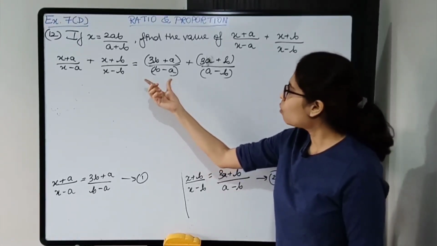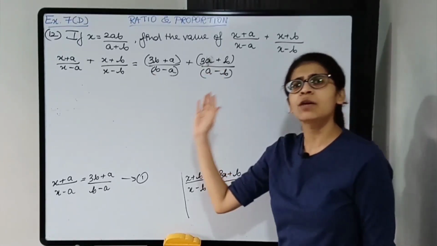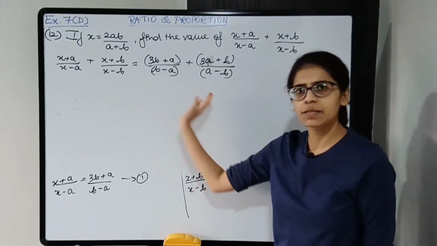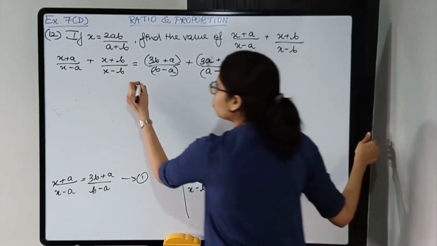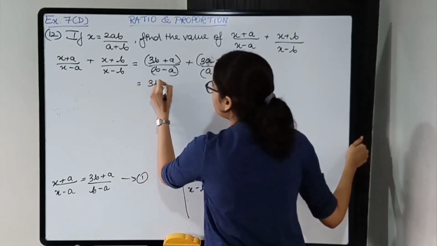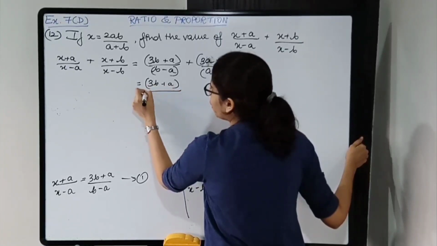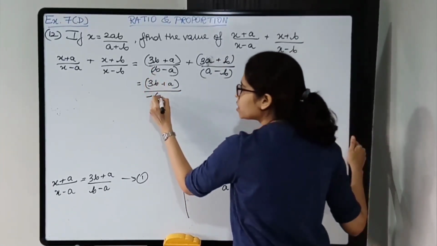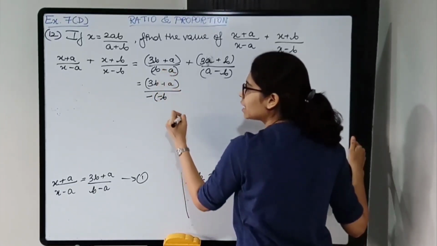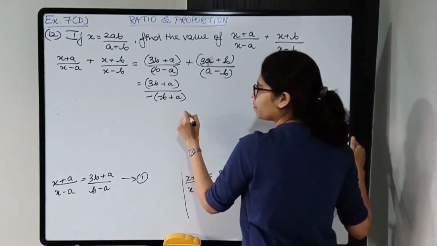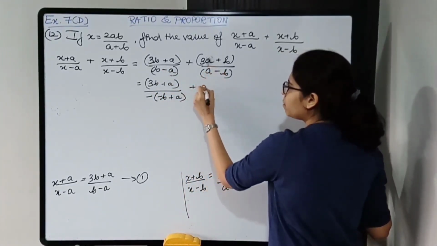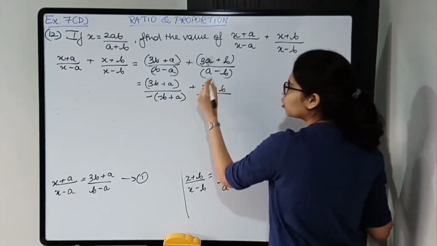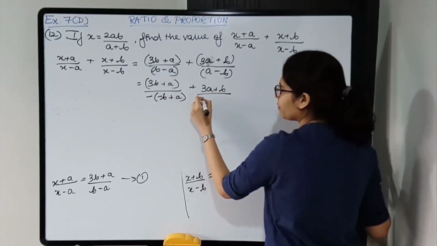So what I need to do to change the sign? Take the minus sign common outside. So 3b plus a upon, I'll take the minus sign common outside, so the signs will change now. b was positive, it will become negative. a was negative, it will become positive. And this one will keep as it is because we want same denominators.